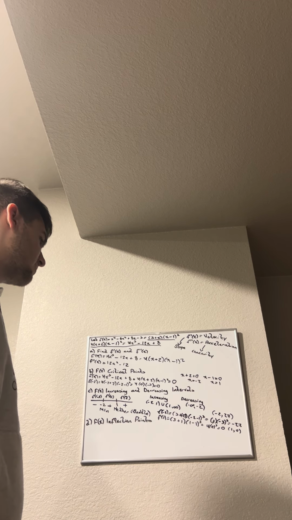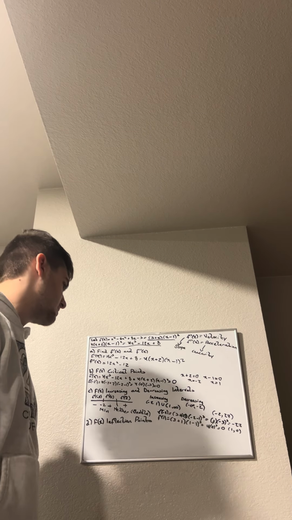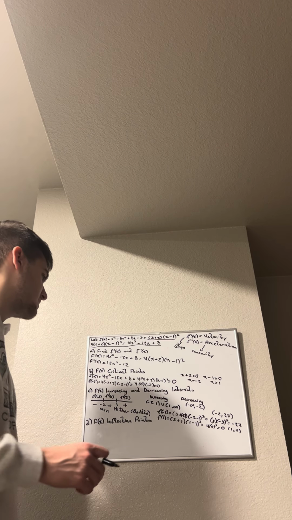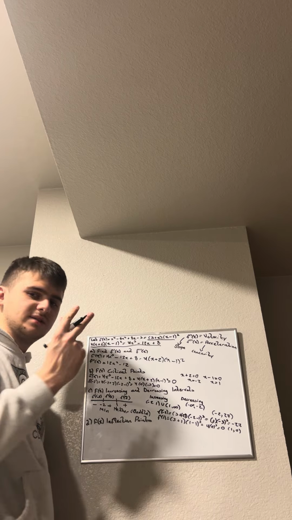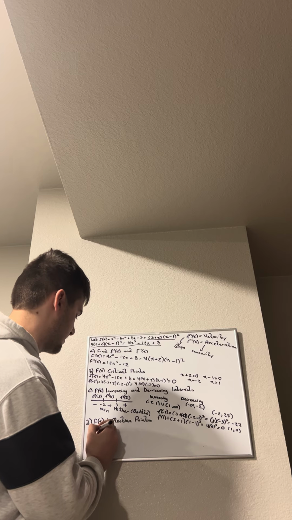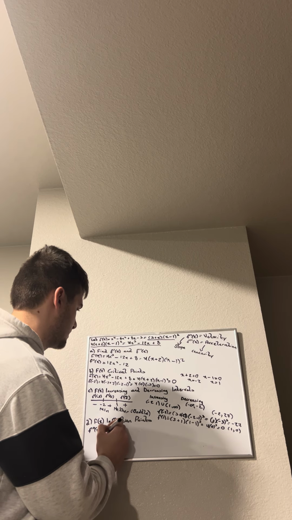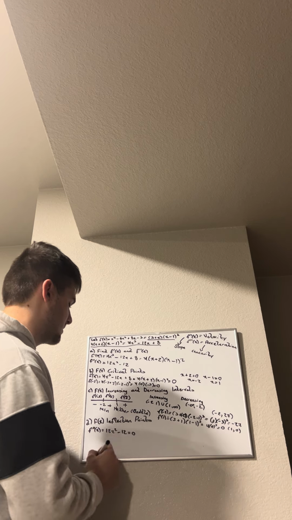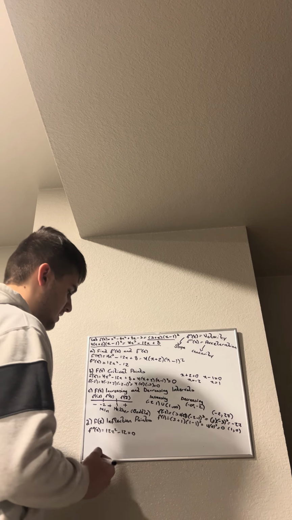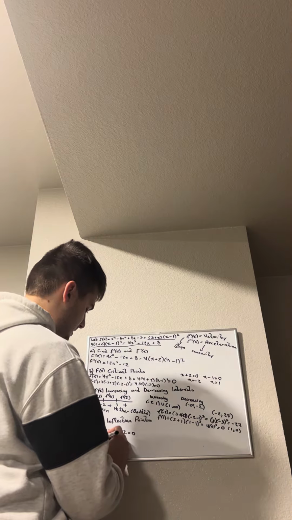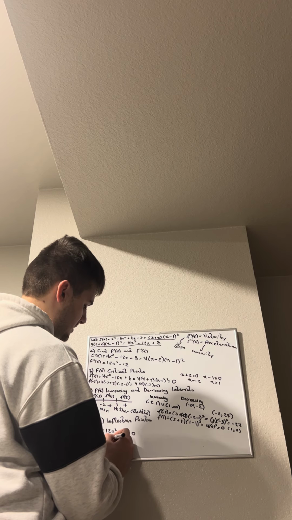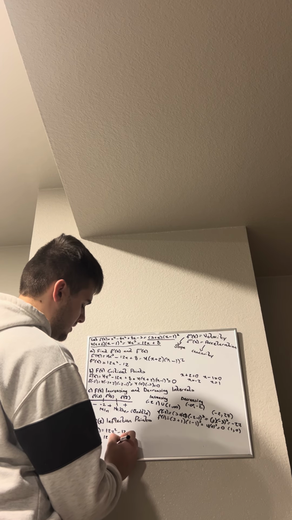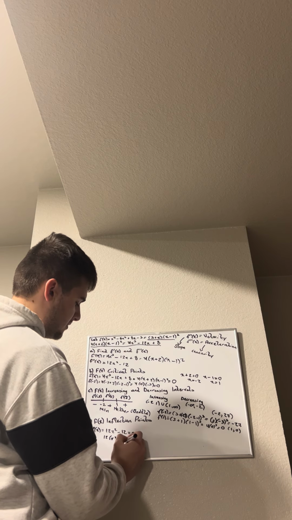So lastly, what we want to find is inflection points. How you find those inflection points is just by taking the second derivative and setting it equal to 0. So what we want to do is f double prime of x equals 12x squared minus 12 equals 0. So now we can rewrite this first off as 12 times x squared minus 1 equal to 0.